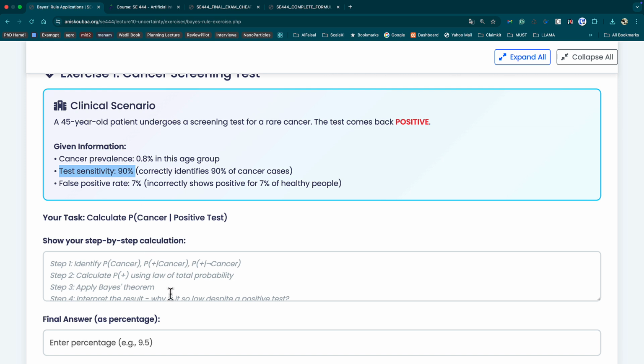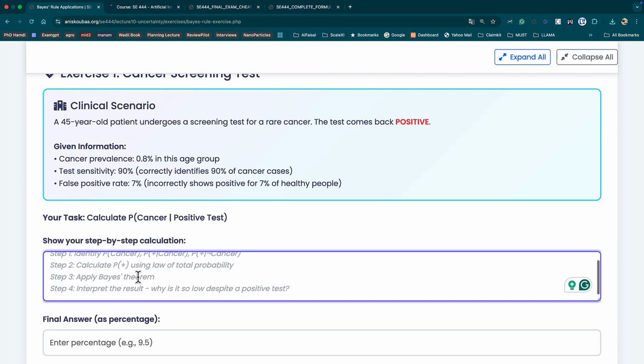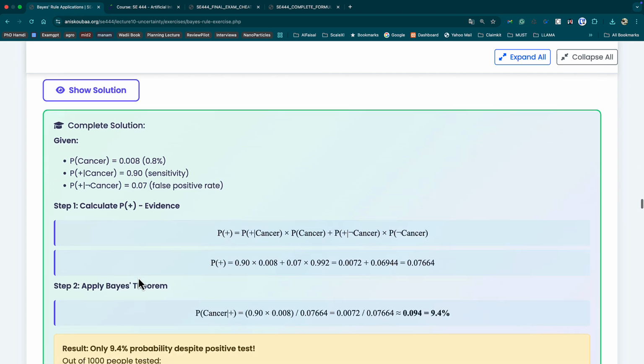So what is missing now? Same thing. It's missing the probability of a positive test. Okay? And we're going to apply the same formula. I have all these values. Okay? So you have 0.9, which is your likelihood, multiplied by your prior. There's a mistake in the 0.8. Yes.